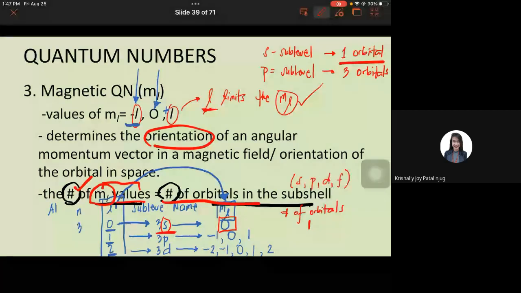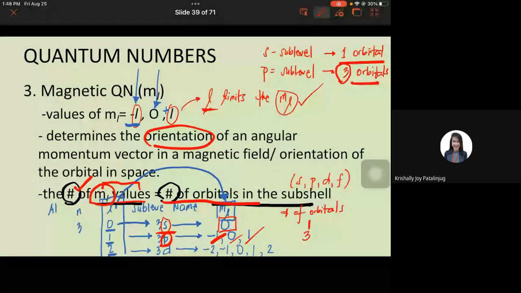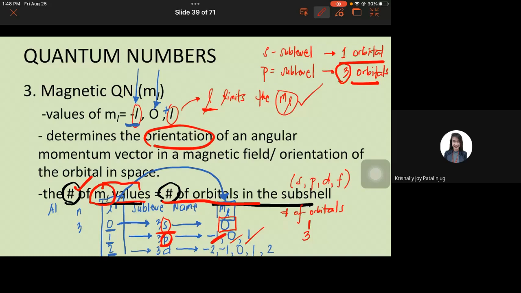Okay? Next, for a P subshell, try to look at the number of M sub L values that you got. You have 1, you count it, 2, and then 3. So 3 M sub L values, total of 3. That is why I told you for a P sub-level, there are 3 orbitals.